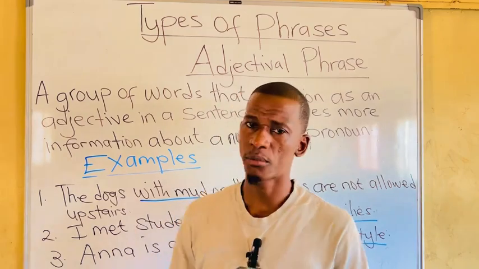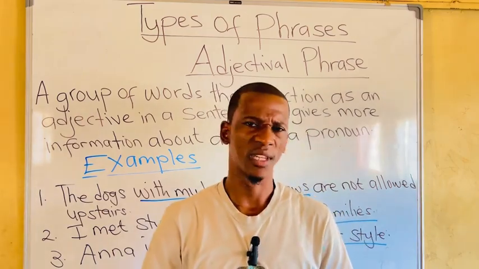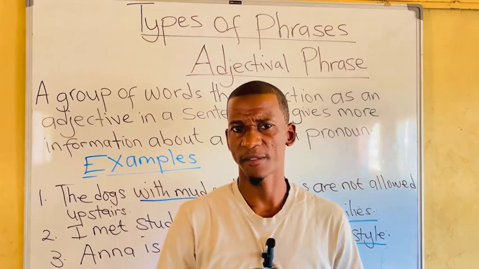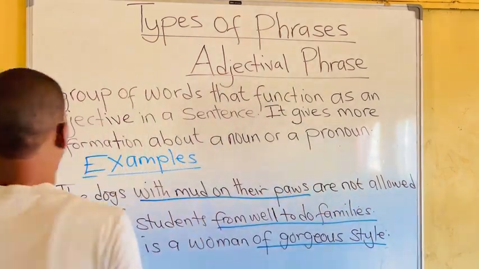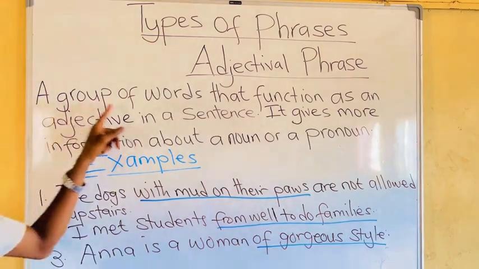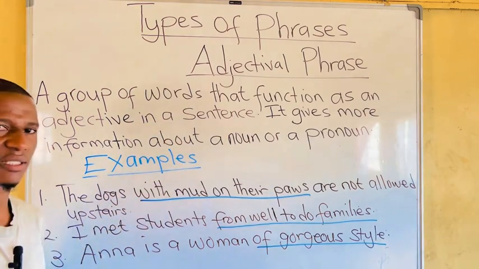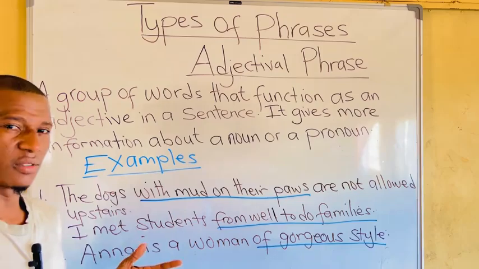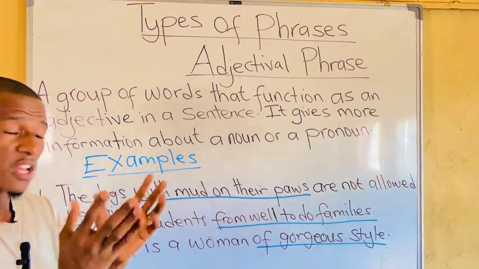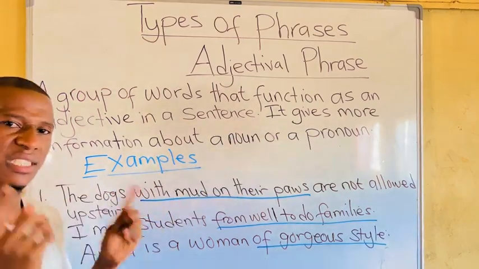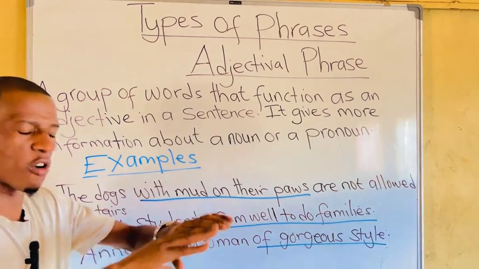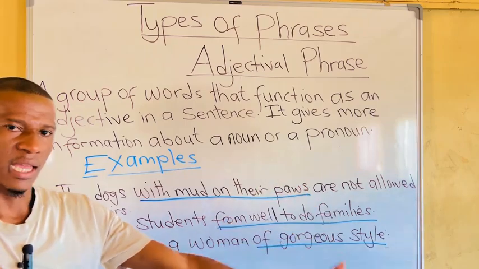Let us look at what the board tells us about the definition of an adjectival phrase. An adjectival phrase is a group of words that function as an adjective in a sentence. You see, it is a group of words that function as an adjective. That is what these group of words do in a sentence.